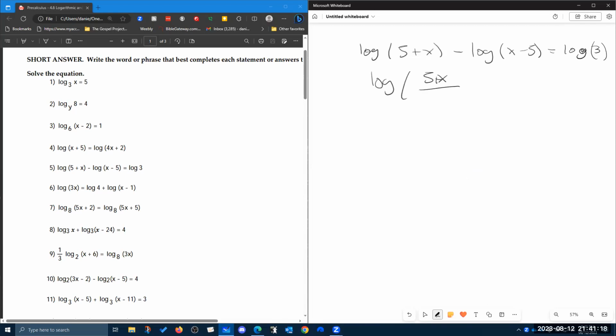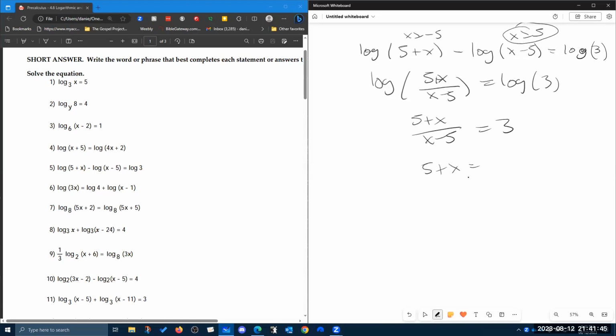And same thing here, the x needs to be greater than -5, and x needs to be greater than 5 here. 5 wins. So 5 plus x over x minus 5 equals 3.